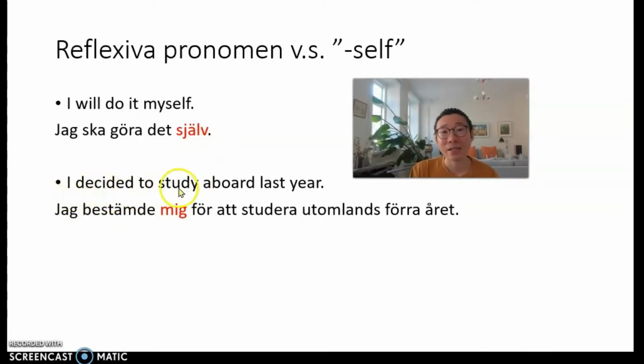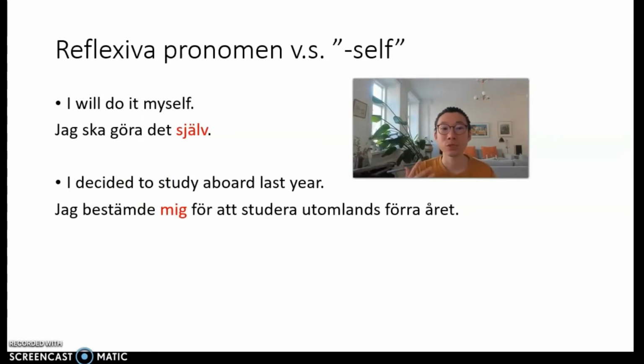I decided to study abroad last year. You see, in English, we don't use reflexive pronoun. I decided, that's it. But for Swedish, when you use certain verbs, for example, decide is one of it, you need to apply reflexive pronoun. It is just a rule.